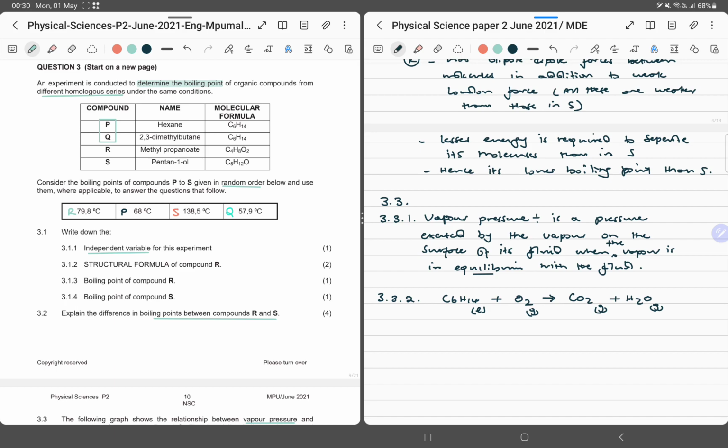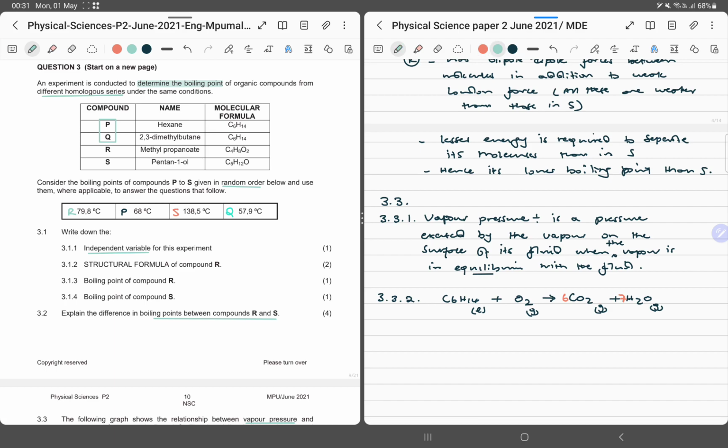Now, what do we do here? We can see that we've got 6 carbons, so we'll need 6 carbons on this side. So we can balance the carbons first. Then now that that is sorted, we can see we've got 14 hydrogens, but we've got 2 here, so we just add a coefficient there of 7. So that makes it 14. Now, the last thing to balance is oxygen always.